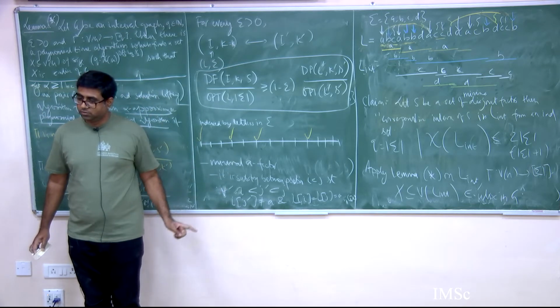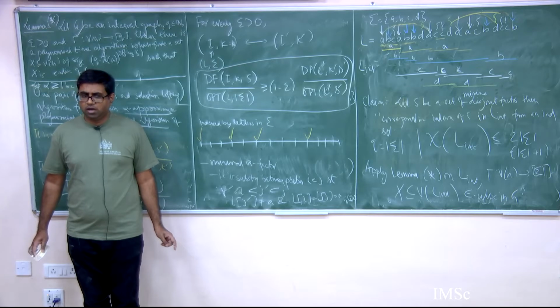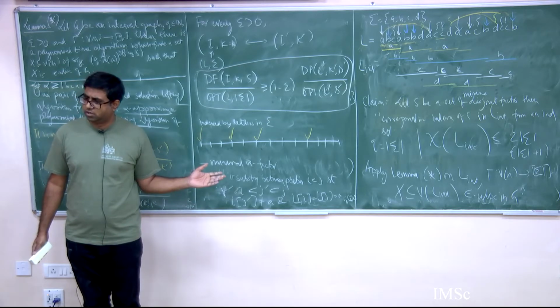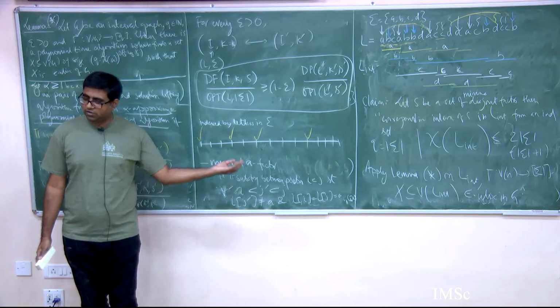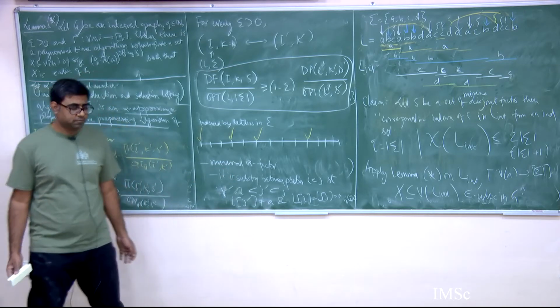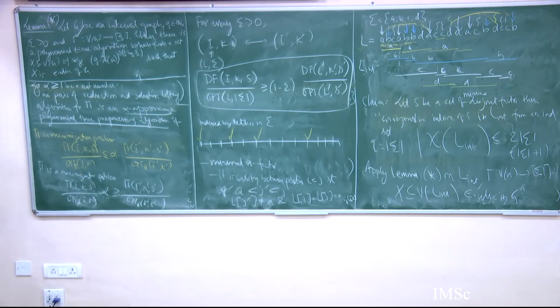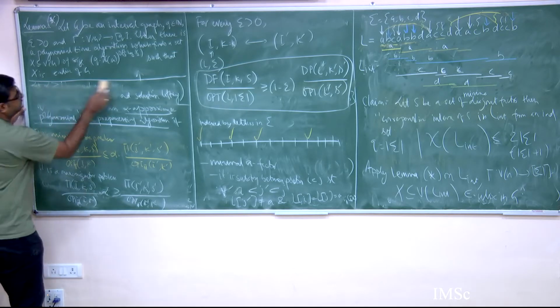Is the position important or just the ordering? Ordering is important, right? But how do I remember ordering? By just knowing the positions, right? So what is the natural thing to do once we have defined this? Okay, is that okay?